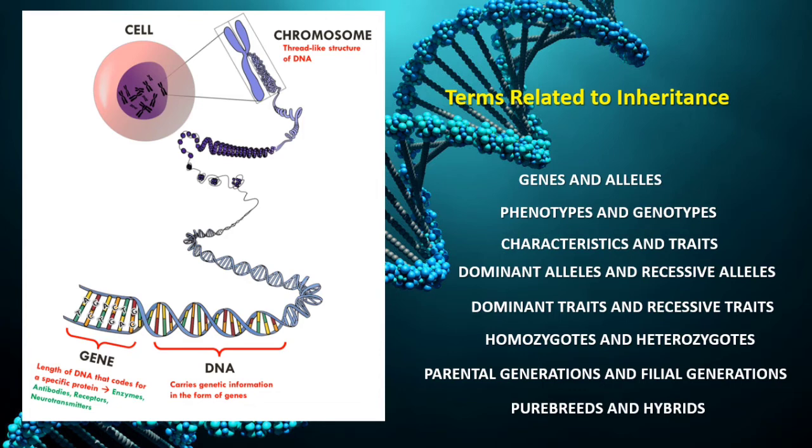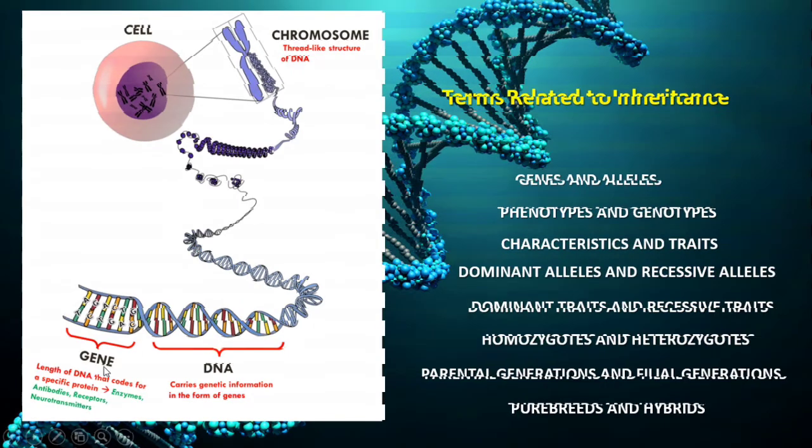So this is a cell. The cell has a nucleus. In the nucleus, there are chromosomes, and the chromosomes are made of DNA. The segment of DNA is called a gene. So we look at the picture.